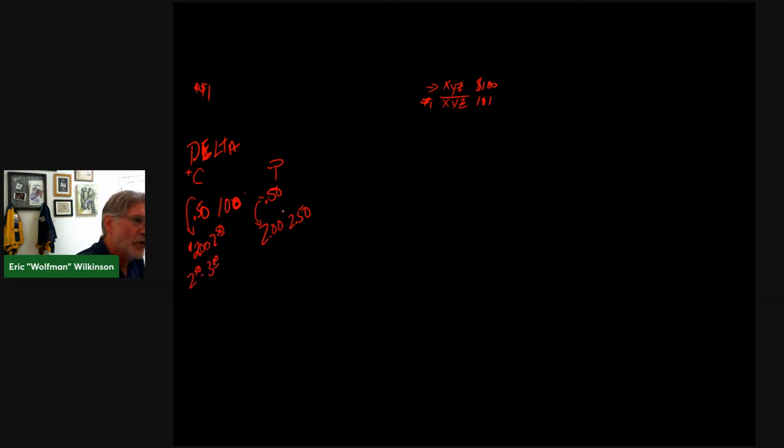The puts, on the other hand, have a negative delta. So a positive plus a negative makes it a negative. So it increases by $1, this goes down to $1.50, the offer goes down to $2. So it decreased by 50 cents on that move.